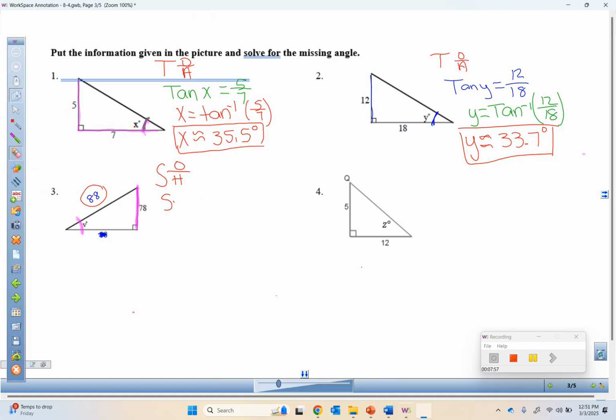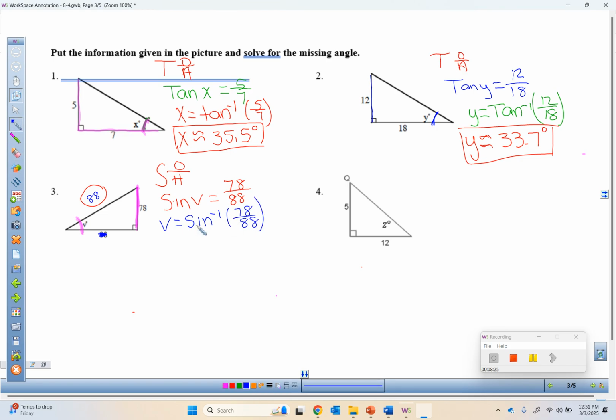Oops, I didn't write sine all the way. I'll fix that. Sine V equals my opposite, which was 78, over my hypotenuse, which is 88. So in my calculator, I'm going to write V equals inverse sine of 78 over 88.